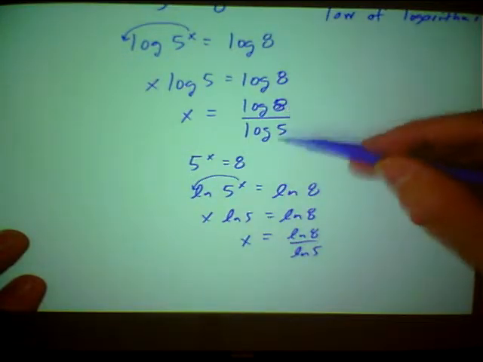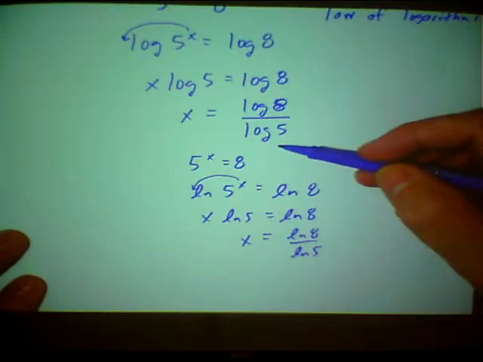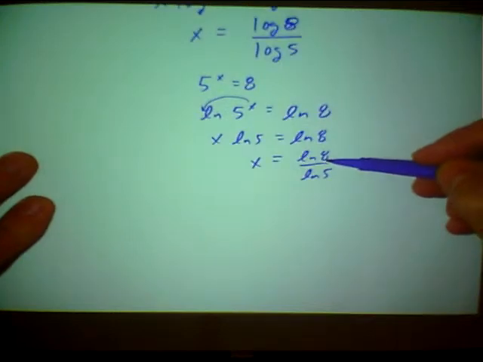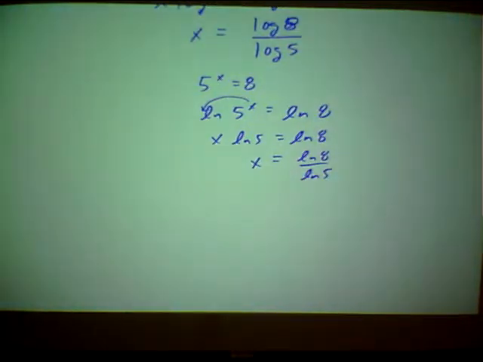My calculator can tell me those. And in the same way, my calculator can tell me natural log of 8 and natural log of 5. So that's why we choose log base 10 or natural log, because those are the ones that our calculators are built to handle. Most calculators can't do the rest of the logs.